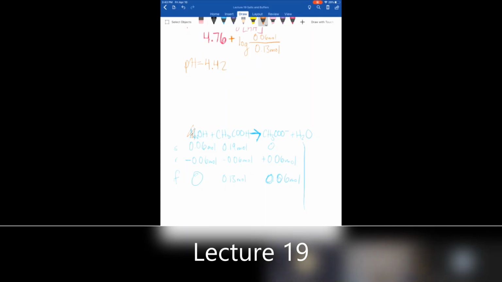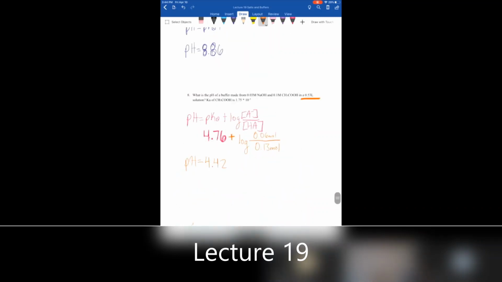No, it's because there's a higher concentration of the CH3COOH, right? Yes, absolutely. That's why. So when you're going through your test and wondering whether this makes sense, does it make sense that the pH is smaller? Yeah, it does, because I have more of the acid than I do of the base. So it's perfect. Okay. That's all I got for you.